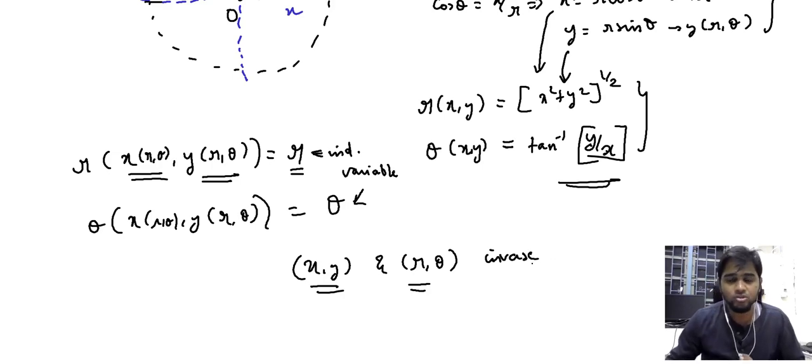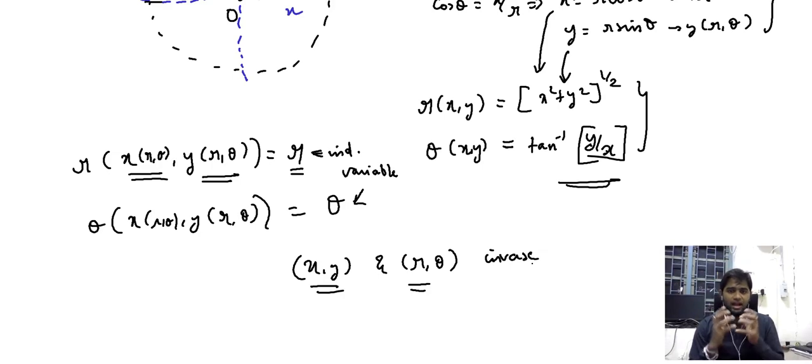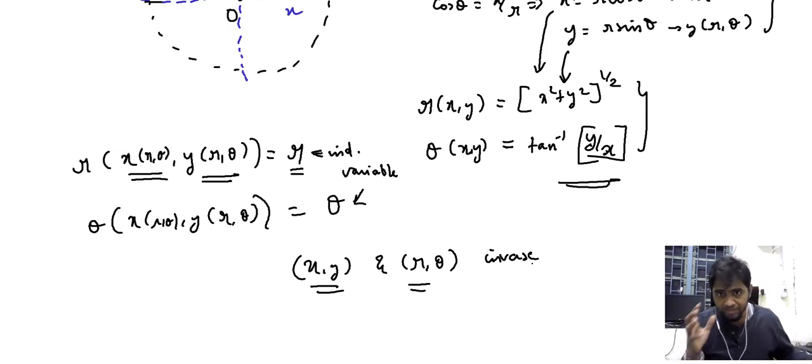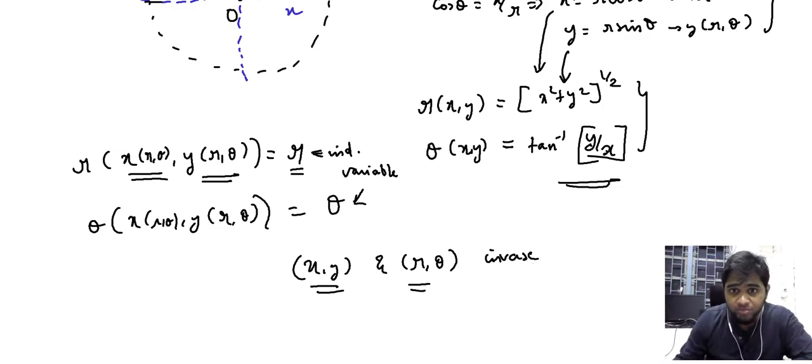So what we have now established is, we have considered two coordinate systems, and by considering their relations with one another, we are able to at least state that these are inverse of one another. Now it is possible for us to comprehensively prove how these are inverse of one another, that is by considering the derivative of each of these relations with respect to one another.